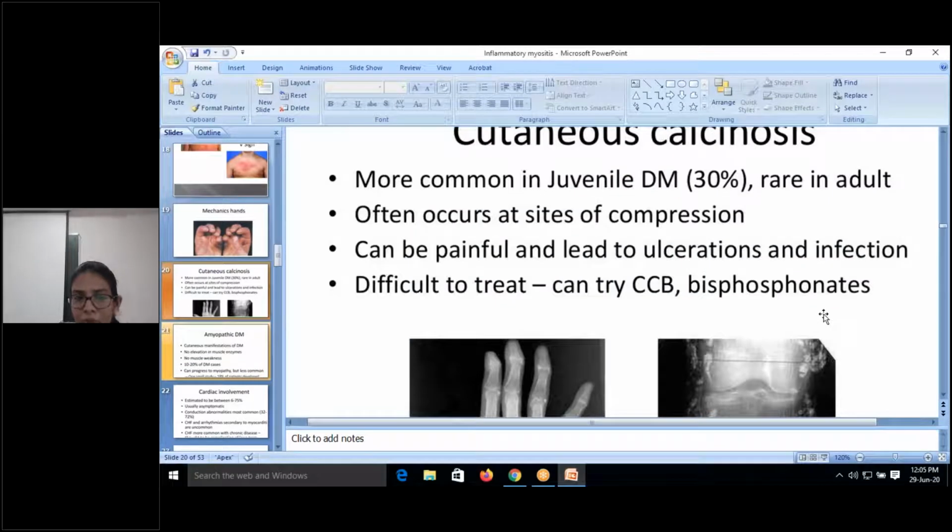Coming to the next manifestation, that is cutaneous calcinosis. This is common in juvenile dermatomyositis and rare in adults, and it often occurs at sites of compression. It can be painful and can lead to ulceration and infection, and it is difficult to treat. If you want to try some treatment, calcium channel blockers, vasodilators and bisphosphonates can be tried.